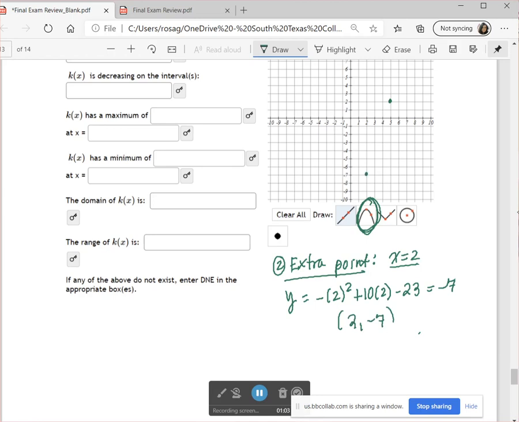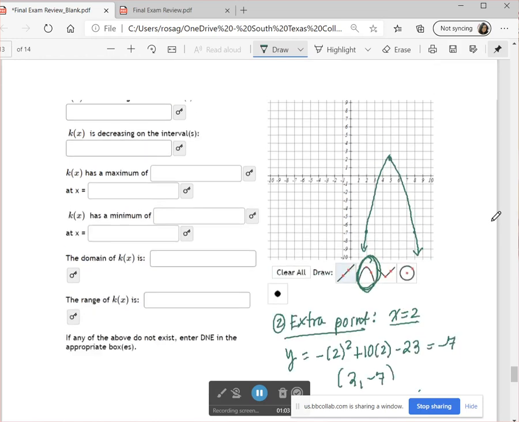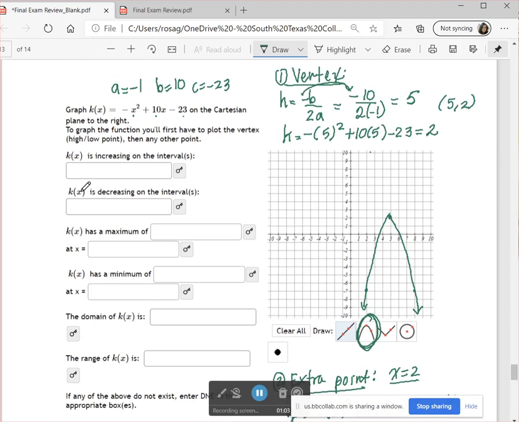Now there is a symmetry, just to help me do the graph here, but you only need an extra point and my open math will take care of the rest. Okay, so now that I have the graph, there's things that it will help me do, like for example, the increasing. Remember that you read the graphs from left to right.